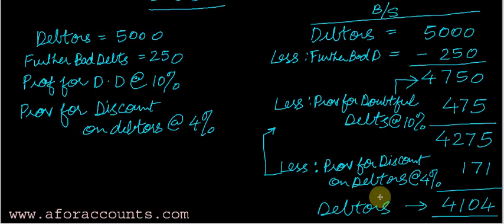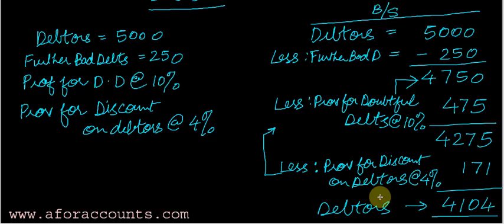In the same way there will be adjustment entries in your profit and loss account. There you generally keep on adding. In bad debts you will add your further bad debts, then further add provision for doubtful debts, and separately write provision for discount on debtors also in P&L debit. And if you have any old provision in your trial balance, then subtract the old provision from the bad debts plus further bad debts, because you now have a new provision.